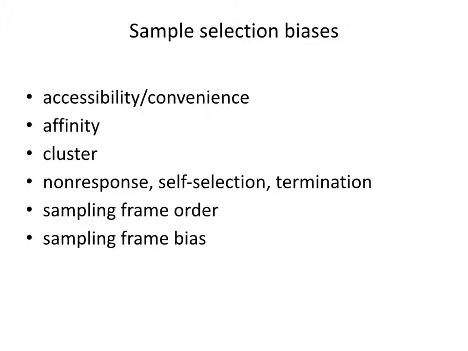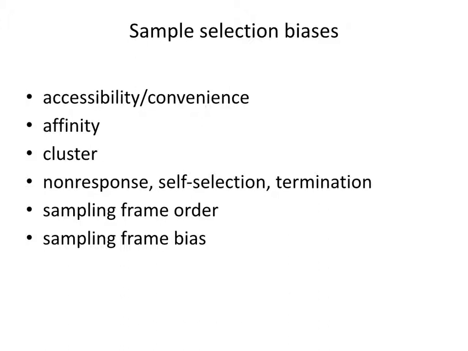Non-response, self-selection, and termination we've identified before as biases in doing survey research. You hope that the people who agree to participate and the people who complete the research are similar to the people who were not asked, or the people who refuse, or the people who do part of the research and don't finish.